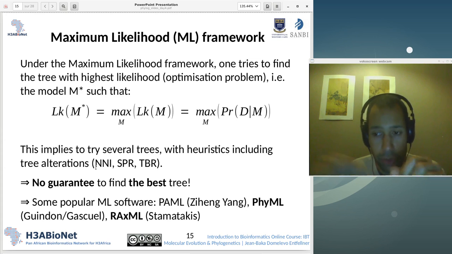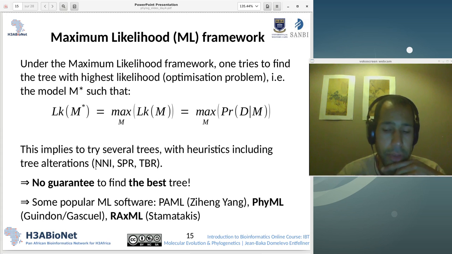Shrink locally one branch, try to find an optimum on one branch, and then move to the next branch, try to find an optimum, etc., etc. There are many different methods, but it is important to know branch lengths, and part of the work of these software, PAML, PhyML, RAxML, I need to cite these three, is to optimize branch length.